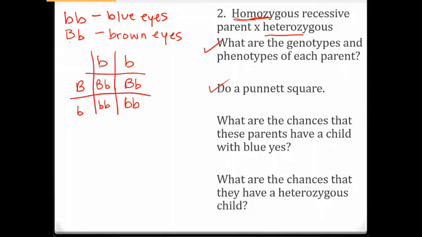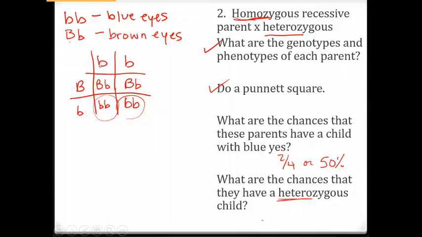Now the question is, what are the chances that these 2 parents would have a child with blue eyes? So we need to look at our 4 choices because these are the children possibilities. This one right here represents blue eyes, and this one. So we have a 2/4 or 50% chance of blue eyes. And then it also says, what are the chances that they have a heterozygous child?